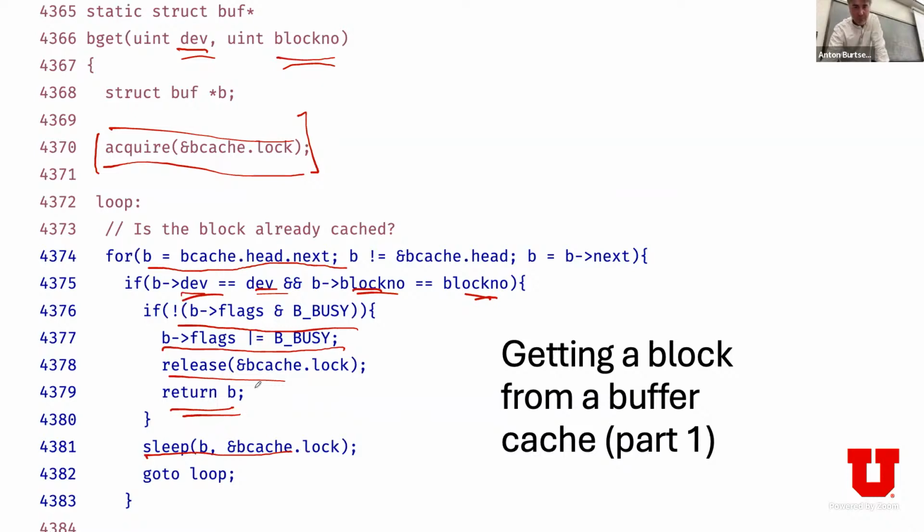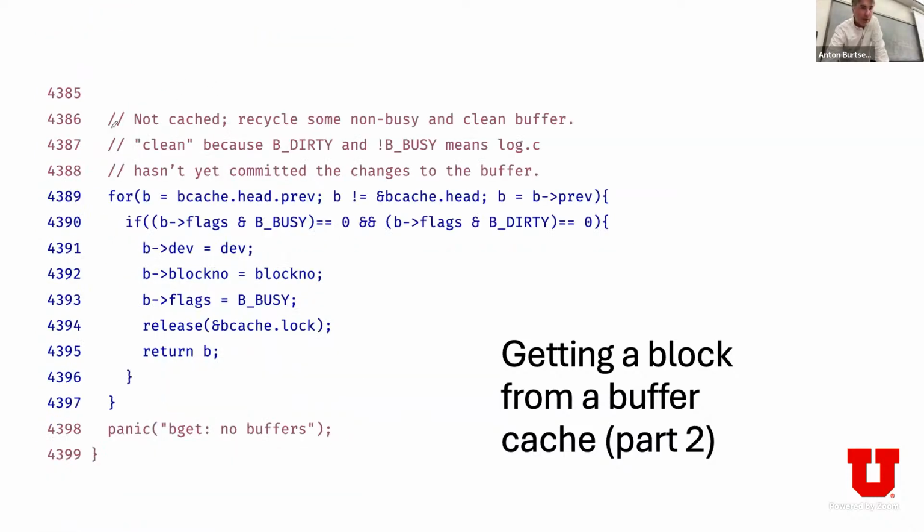If, however, it's a miss, it will continue and logically will try to pick up a block which I can throw away from the buffer cache and use instead. So it will again do the search, which is again not super ideal. It says, okay, I'm looking for a block which is not busy and which is not dirty, right?